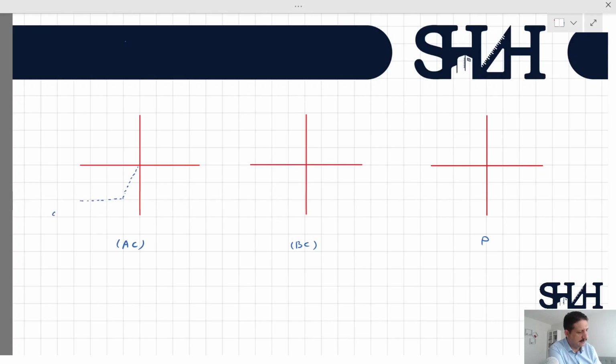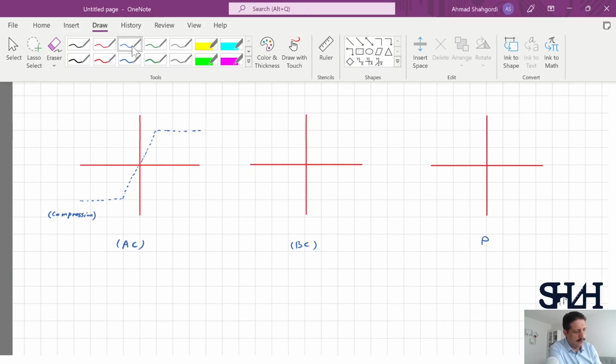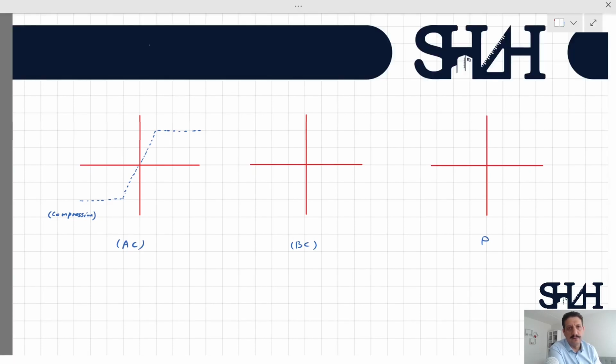So this means that it is in compression. And the other side is for the tension. And we can go with deformation for now.